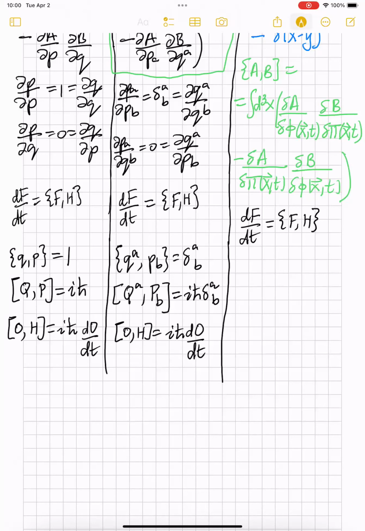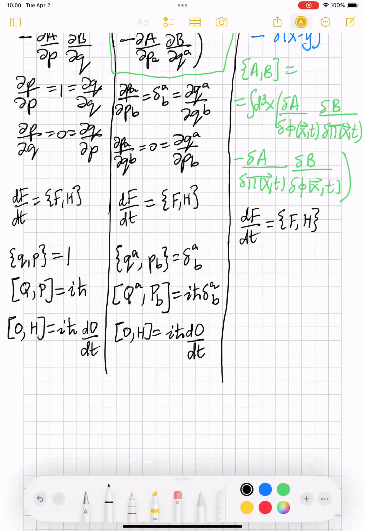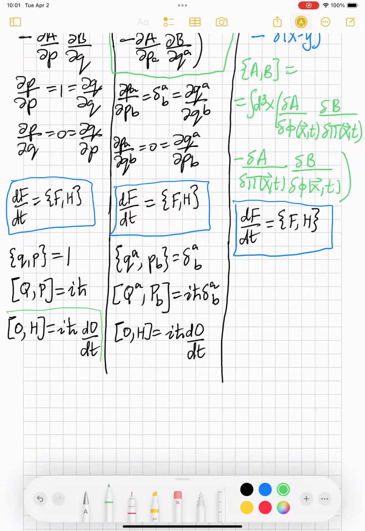Now, of course, the Poisson bracket equations didn't change, so let's just outline those in blue. The dynamical equations written in the Poisson bracket were the same for one particle, n particles, or for fields. So we're going to find the same Heisenberg equation of motion in all three cases, because it's the Poisson bracket that we promote to be our equation of motion. Okay, now, for the fields, what do we get?